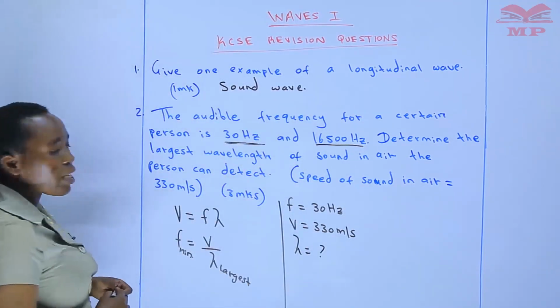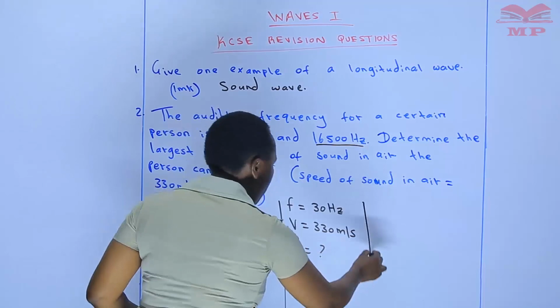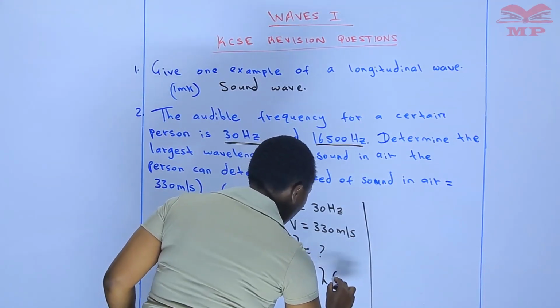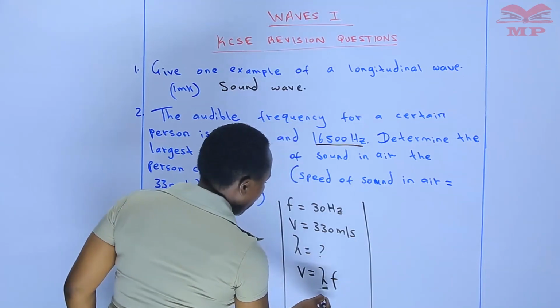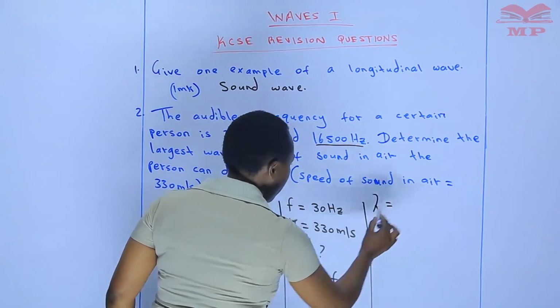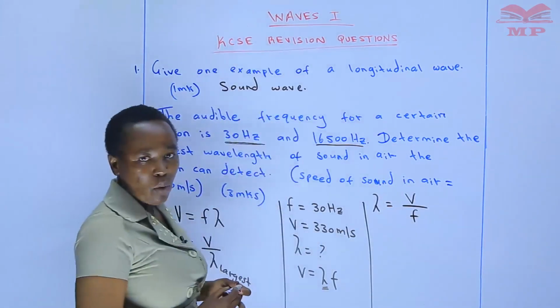And in our case, we are saying it is the largest wavelength because the frequency is smallest. So in our formula, V is equal to wavelength multiplied by frequency. We can make wavelength the subject of the formula, which will be equal to the speed divided by the frequency.